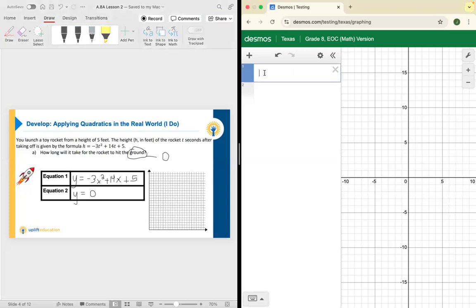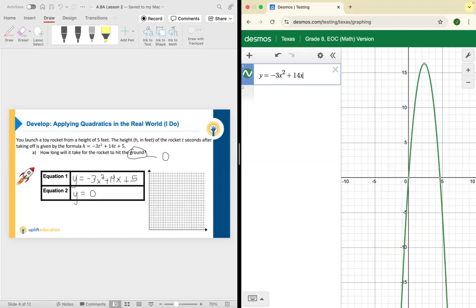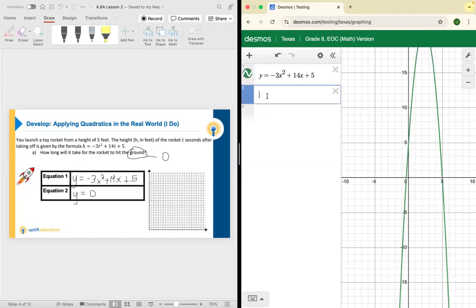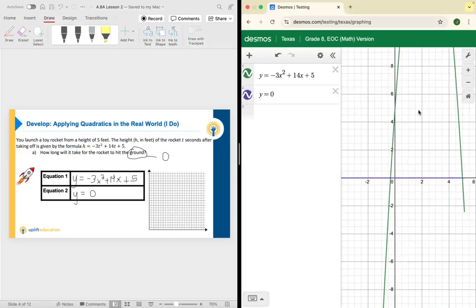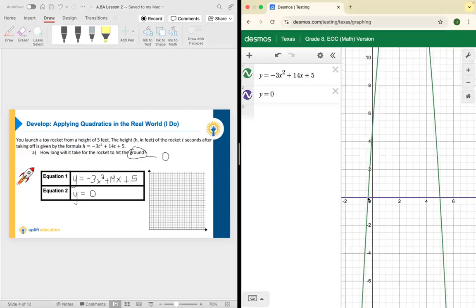So now we can go ahead into our step 2 so we can graph our equations. So we have y equals -3x squared plus 14x plus 5, and then we have y equals 0. First of all, I'm just going to go ahead and zoom in. You're wondering, okay, I see where the purple line and the green line touch here, and the purple line and the green line also touch here.